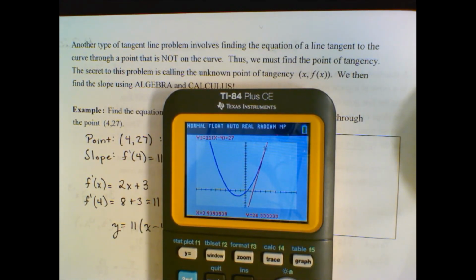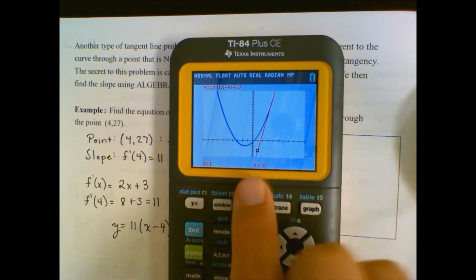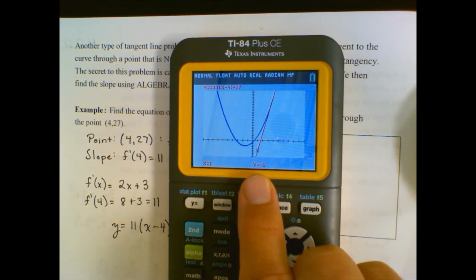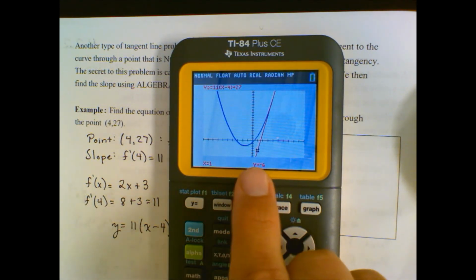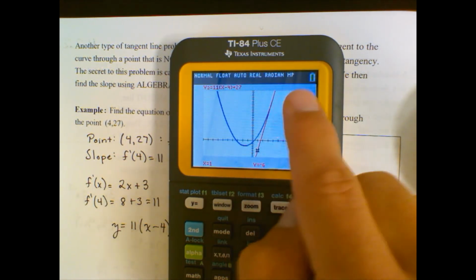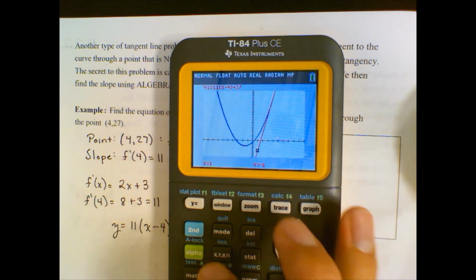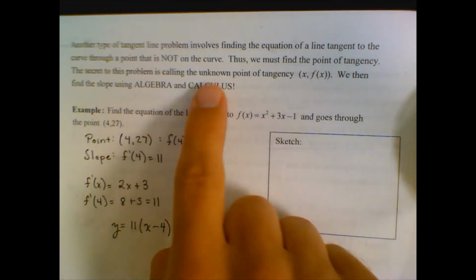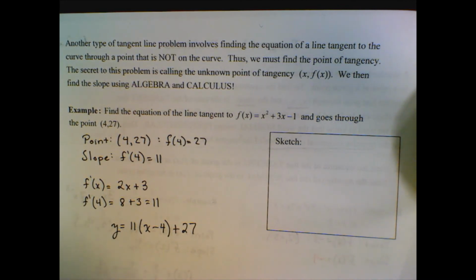It might give me the point 1, -6. 1, -6 is on the tangent line, and you would actually have to work backwards to try and find the solution there before writing the equation of the tangent line. So anyway, we're actually not going to walk through the type of question that is described in this paragraph because it doesn't show up often enough for us to spend the time on that.